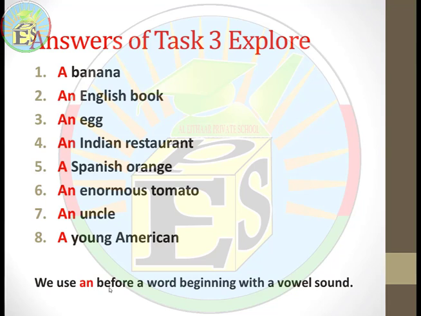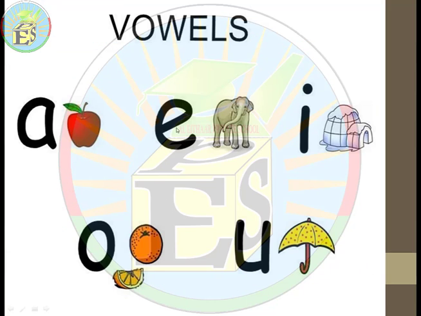And before we move to task number 4, I brought you this picture here, and it shows the vowels that we have in English, right? So the picture here is apple. The word itself starts with the letter A, so we write an apple for any word that starts with the letter A. Elephant.